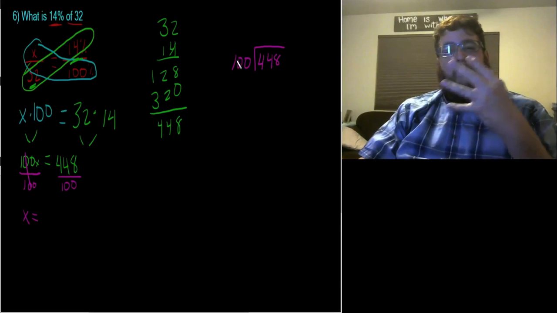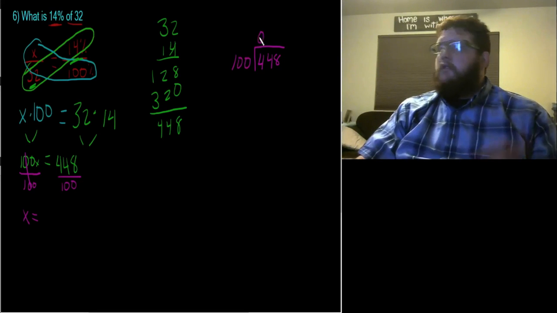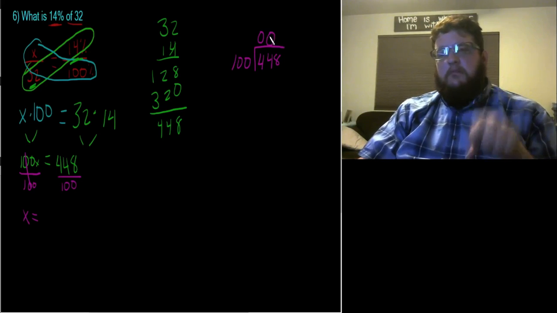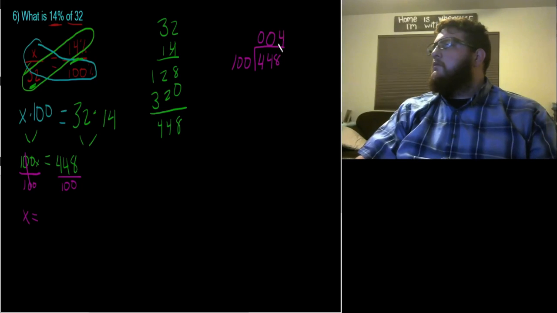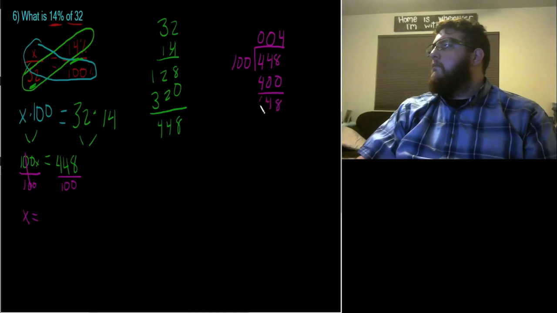Well, we know that 100 doesn't go into 4, and it doesn't go into 44, but it does go into 448. 100 goes into 448 4 times. 4 times 100 is 400, and we'll go ahead and subtract, and we'll be left with 48. We have nothing to bring down, so we'll add a decimal and add a 0, and then we will bring that 0 down. 100 goes into 480 4 times.